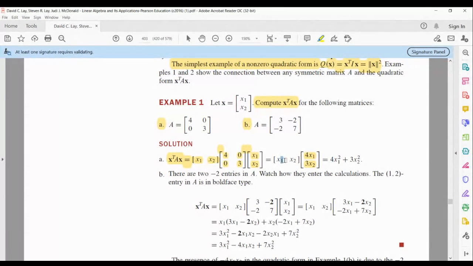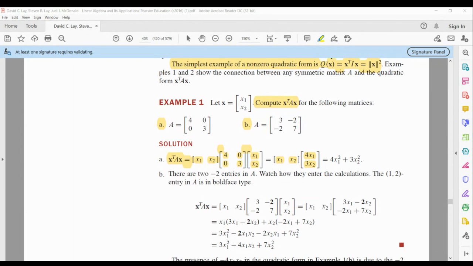Then you take x1, x2, the vector x transpose, and multiply it by the vector 4x1, 3x2, and you get 4x1 squared plus 3x2 squared. Notice that the 4 and the 3 along the diagonal of matrix A form the coefficients of x1 squared and x2 squared.